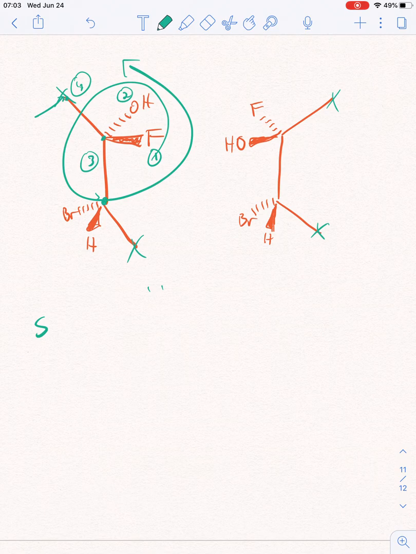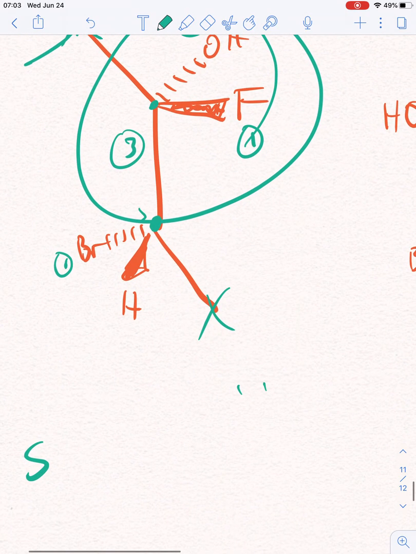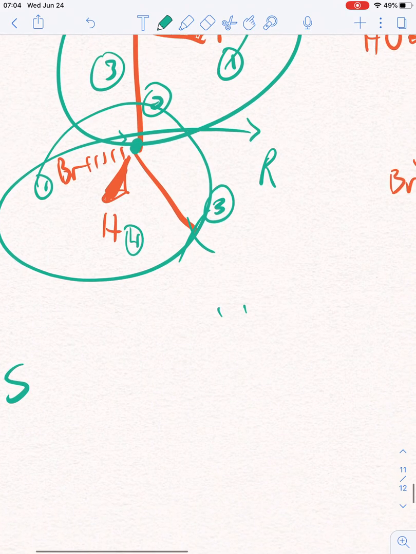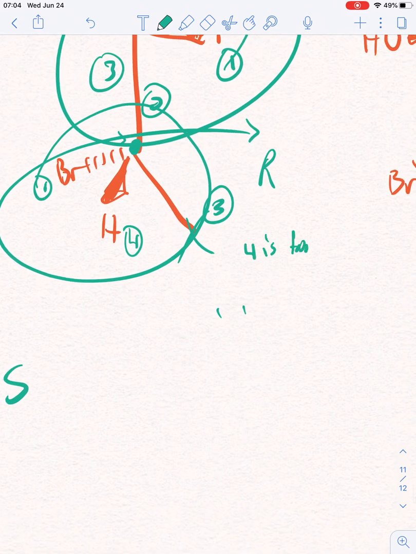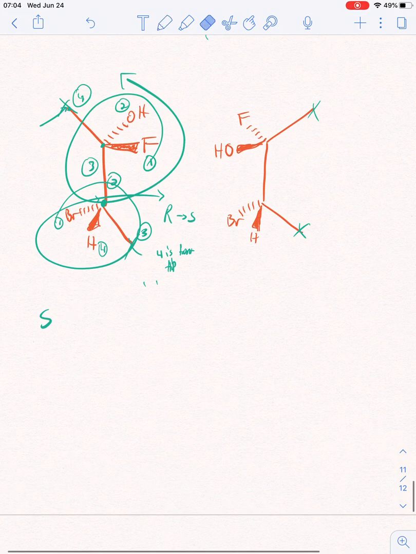Then for this carbon, bromine's 1. This one is 2, and this one is 3. And then hydrogen is 4, and that's going to be R. And 4 is in the front, so we flip it. So it's really going to be S. So this first one is SS.